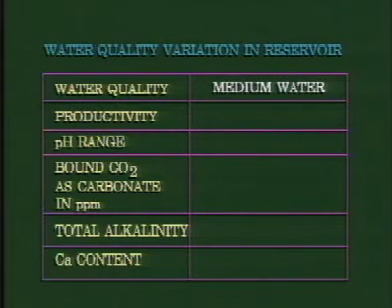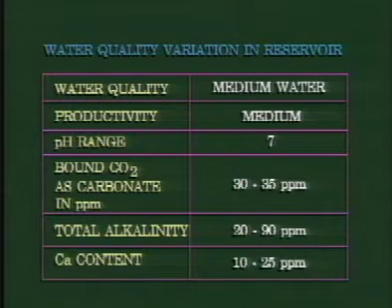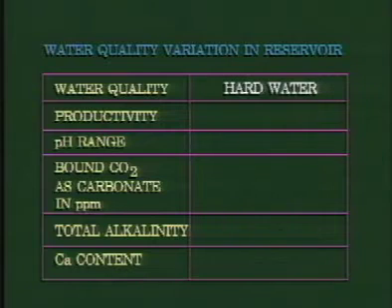In medium water reservoirs, productivity is medium at pH 7, bound carbon dioxide as carbonate at 30 to 35 ppm, total alkalinity at 20 to 90 ppm, and calcium content 10 to 25 ppm.